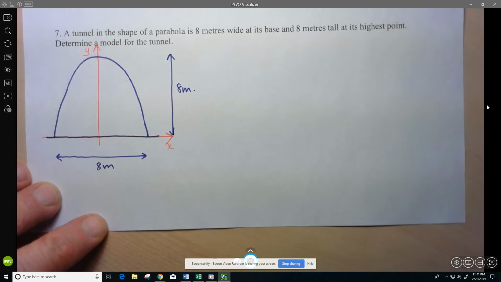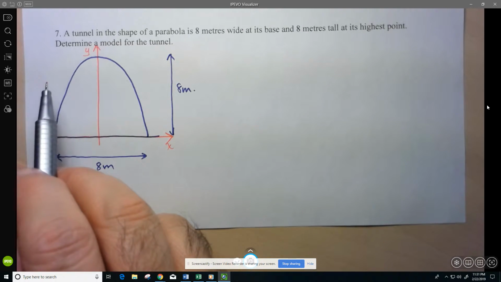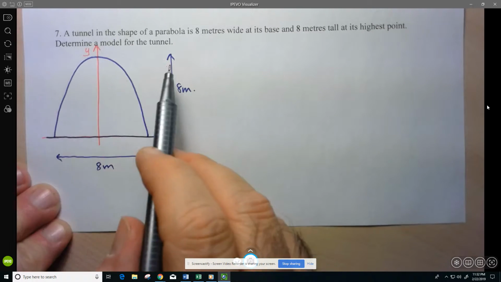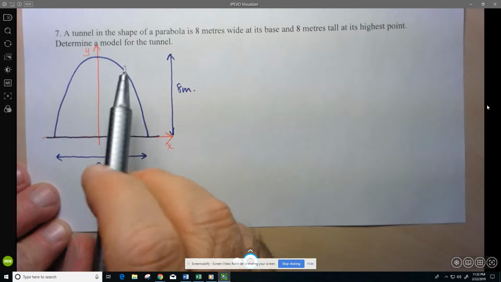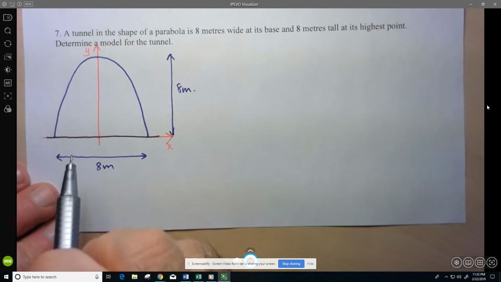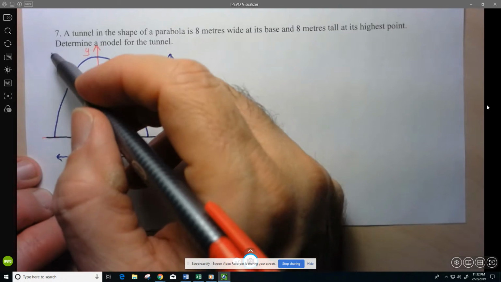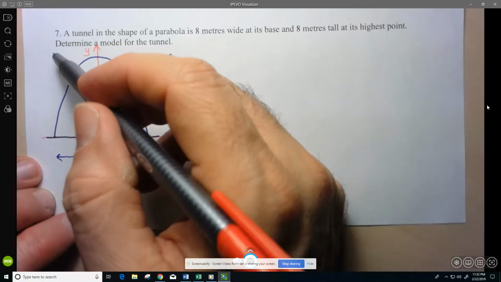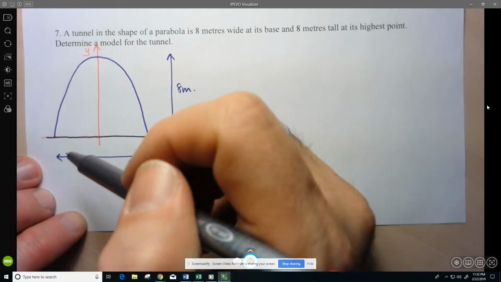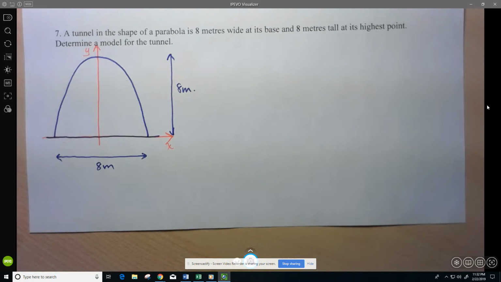Now think about it. That means this parabola is not going to need a horizontal translation, because the vertex is already on the y-axis. Having said that, could you have done this with the axis right on the edge? Yes, of course, but this is probably a little easier.